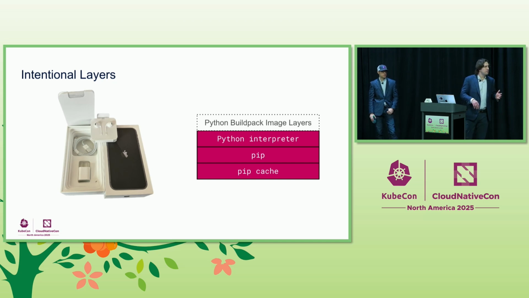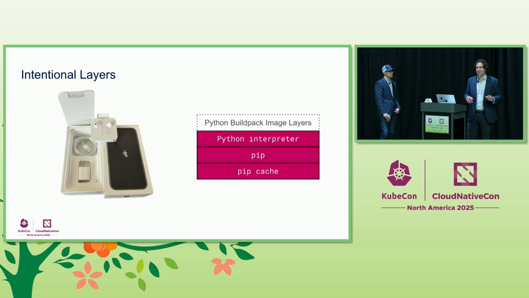And not only does Buildpacks pack up your image for you, it does it in a modular and intentional way. With Buildpacks, your components are logically mapped to the layers in the image. It's kind of like getting an iPhone and unwrapping your nice iPhone. Every little piece in there has its own spot, a place for everything. You've got your charger, your headphones.